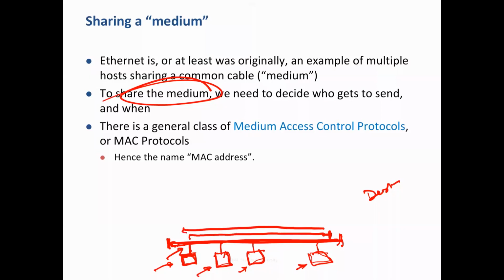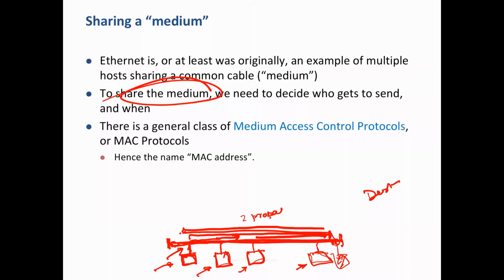So I will wait for 2 times the propagation time of my signal, because the signal will go with some speed to the end. If there is a collision, if somebody starts communicating, then I will come to know only when this collided signal comes back. So I wait for 2 times the propagation time, and then I know that nobody has started communicating. Now I can continue my communication.